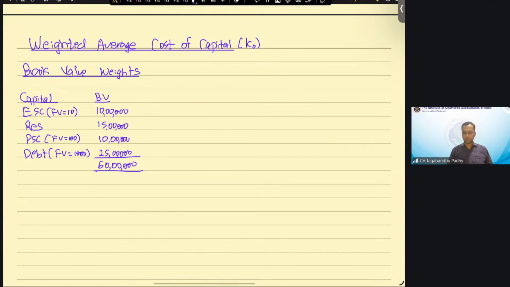Okay, the book value is 60 lakh. Now definitely we can get the weights. What will be the weights for each one of them?